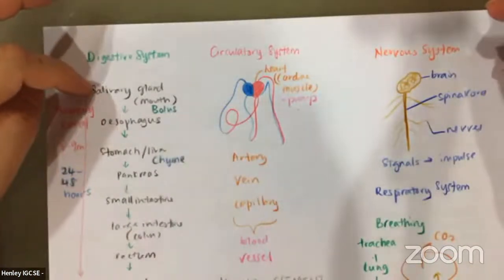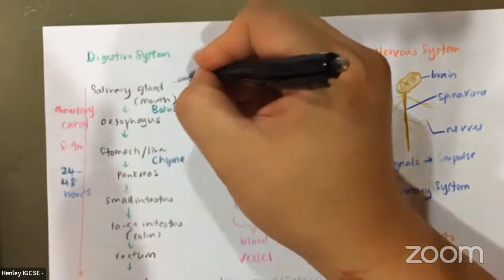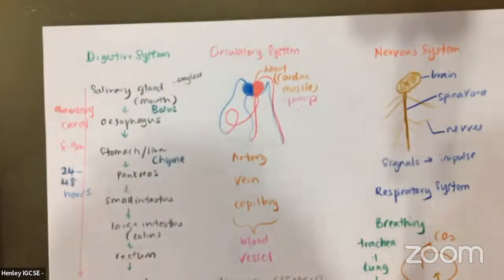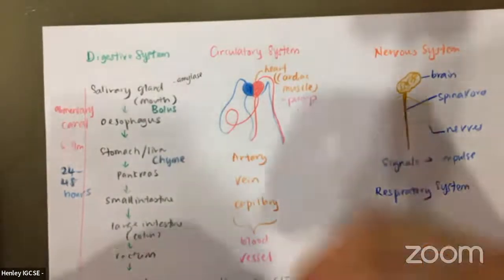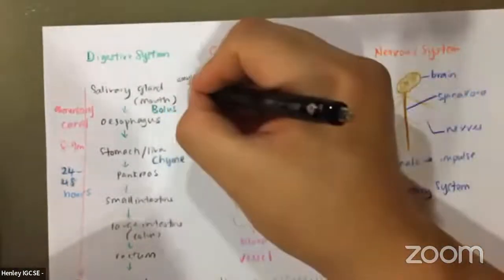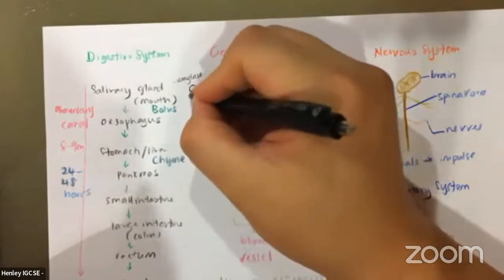This salivary gland will produce amylase. Amylase will turn the starch into maltose, and will try to cut and chew the food into small pieces, which is called a bolus.